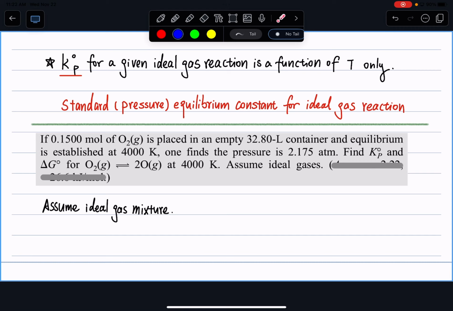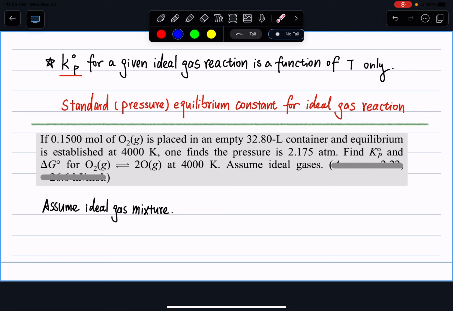So at equilibrium, what do we have? The number of moles of O2 at equilibrium equals 0.1500 minus our extent of reaction. That's how much oxygen has been consumed. We don't know it yet, but we can express it with the extent of reaction.